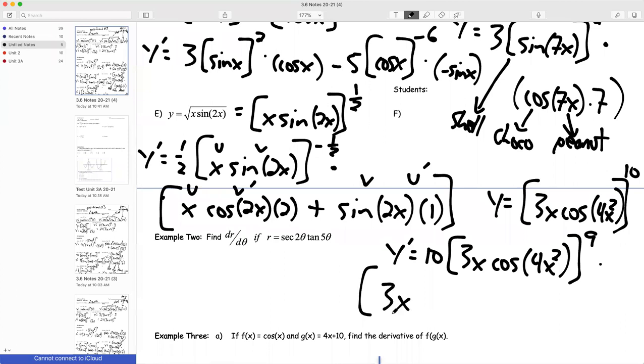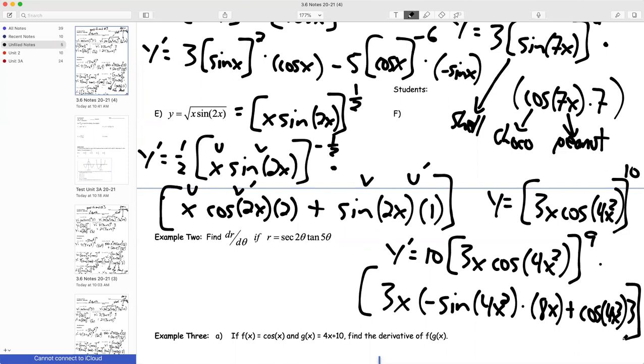So I've got 3x, first term, times the derivative of cosine of 4x squared, which is going to be negative sine of 4x squared times 8x, derivative of the 4x squared, plus the second term, cosine 4x squared times the derivative of the first term, which is 3, and close the brackets. And I'm going to leave it like that.